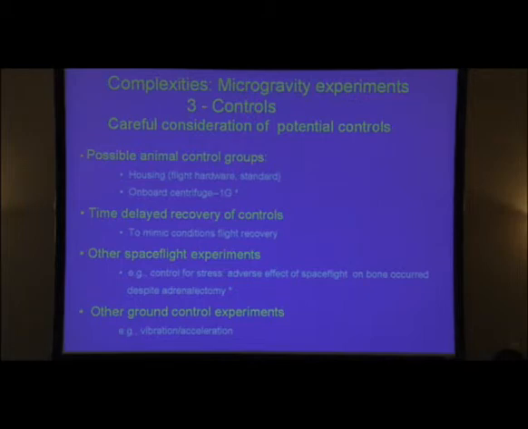In those animals, they still had bone loss. So we knew from that that the bone loss is independent of the stress response. Those kinds of studies need to be done also in other species.